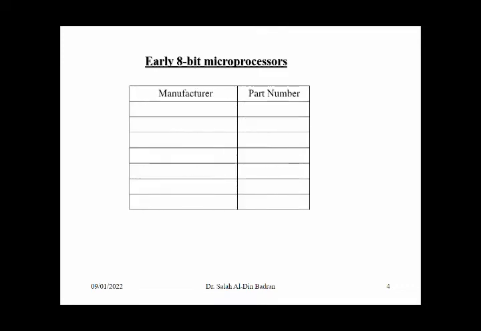Now we will have a look at the early 8-bit microprocessors. The manufacturer is Fairchild, the part number is F8. For Intel, the part number is 8080. For Mostek, the part number is 6502.